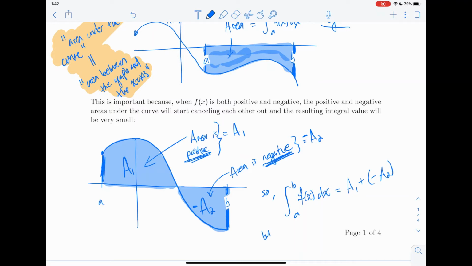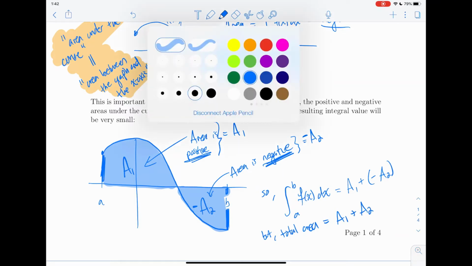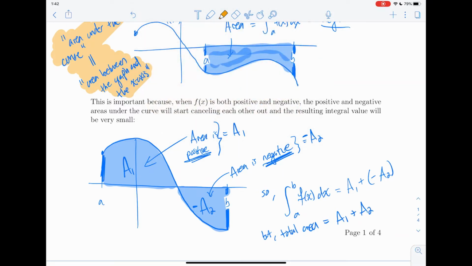But the total area is actually going to be equal to A1 plus A2, where you have to note these two things are different.